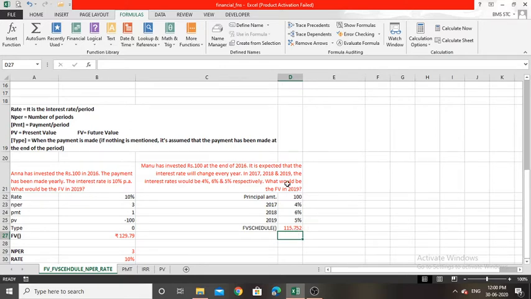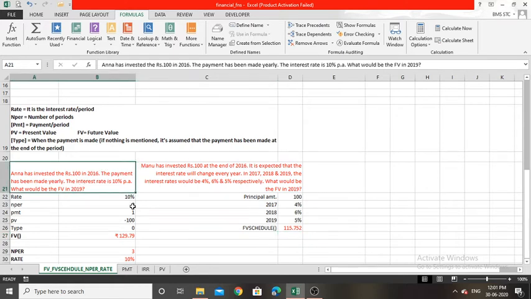So let's look at the question carefully. In the question itself it asks for the future value, the same question as the previous one, but you have to take care about the values that are given. You mainly have to check whether the rate is constant or variable. If it is constant, you can directly use the function FV, but if it is a changing interest rate, then instead of using FV you have to use FV schedule.